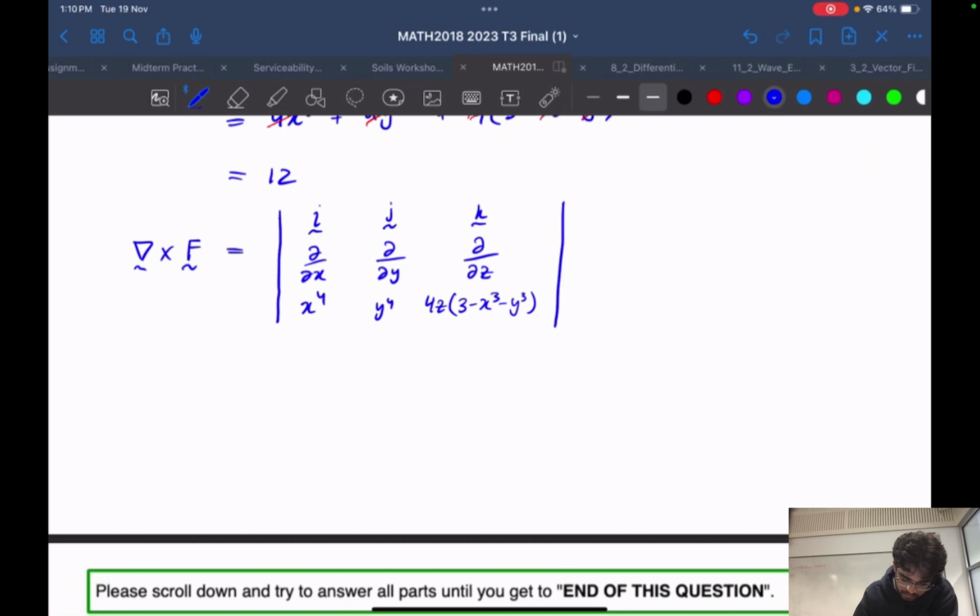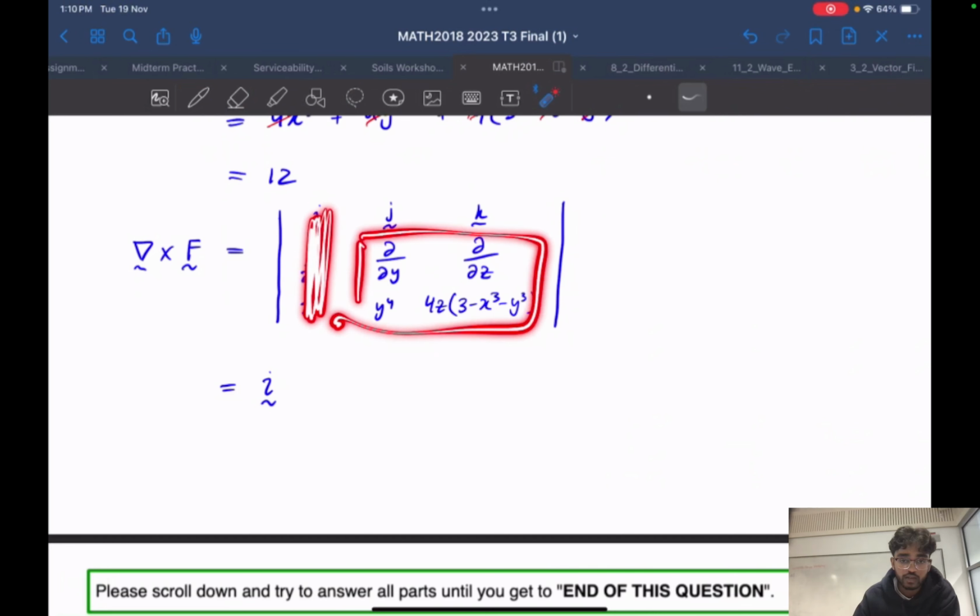I'm not sure how the lecture actually went through it, but this is how I like to do it. First of all, we take the i vector, and once we take the i vector, we can pretty much cross out this column, right? And then we find the determinant of this 2 by 2 matrix down here.